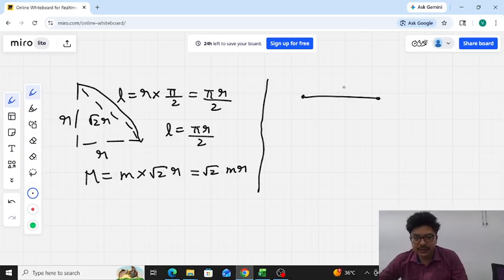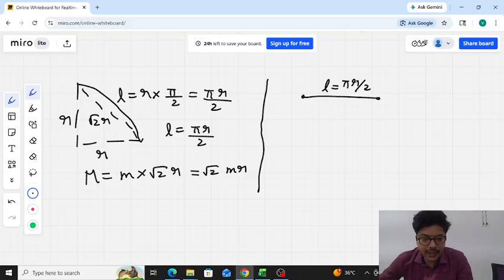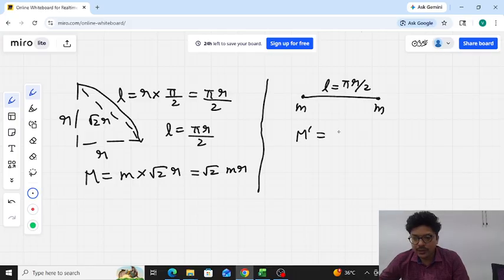Now this length will be pi R by 2. So now the pole strength is M, so you will get the magnetic dipole moment equal to M into pi R by 2.